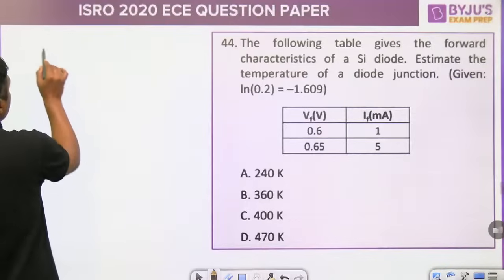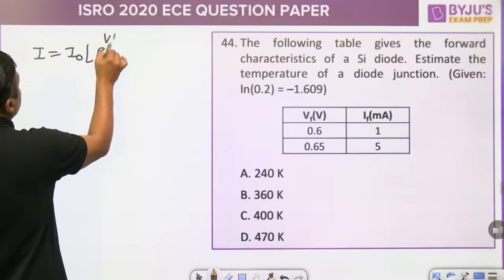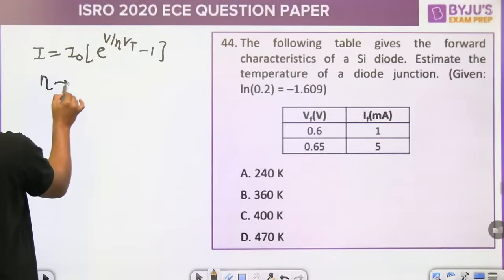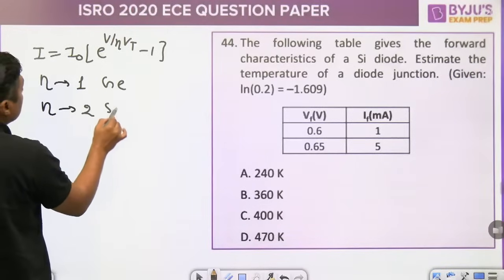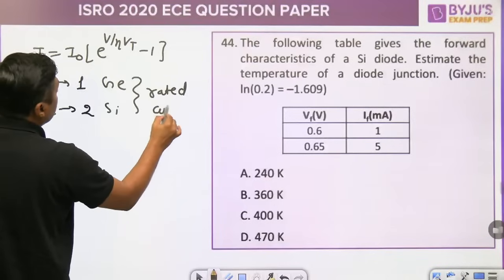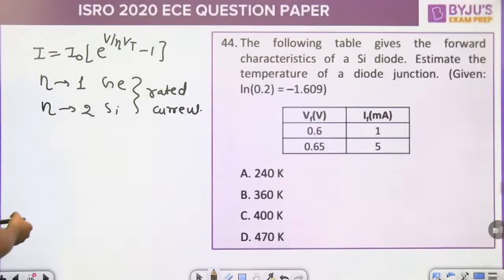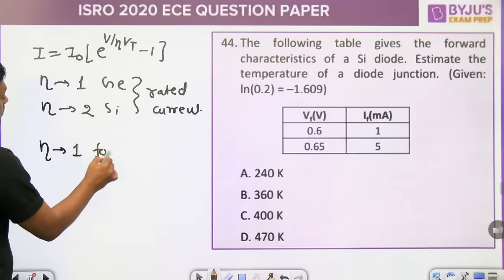When I write the equation I is equal to I naught e raised to power V by eta Vt minus 1, we say that eta is 1 for germanium and eta is 2 for silicon, for rated current in the range of 1 or 2 milliampere. But when it suddenly switches from 1 to 5 milliampere, then for very high current, again eta is 1 for silicon.